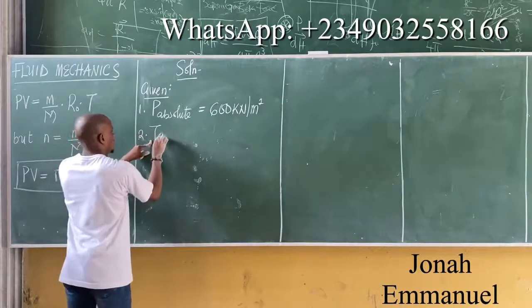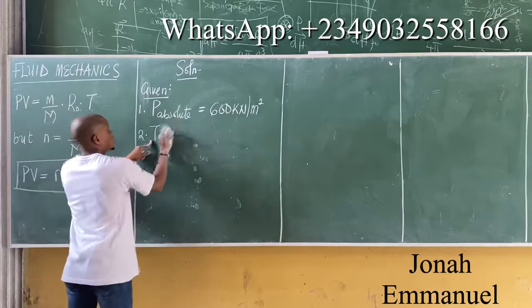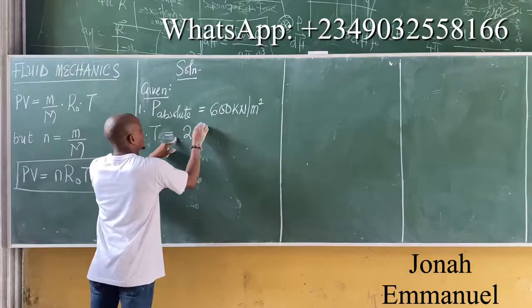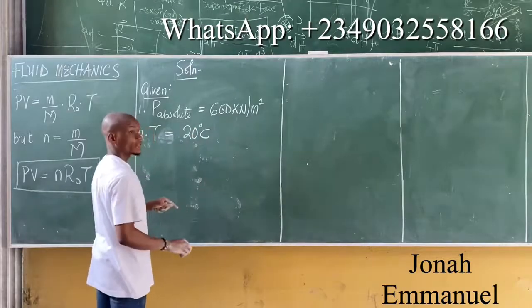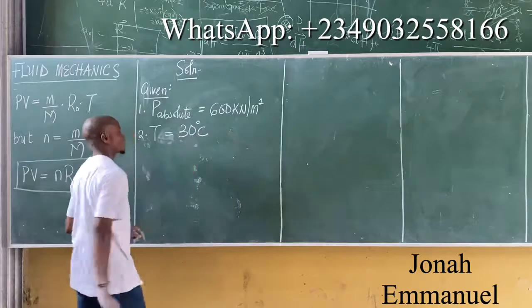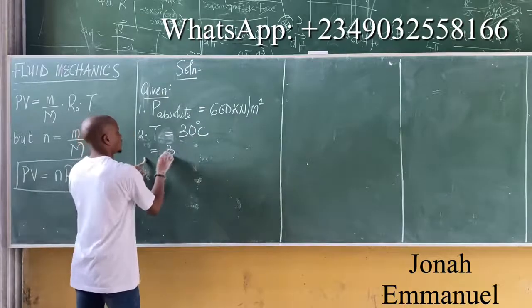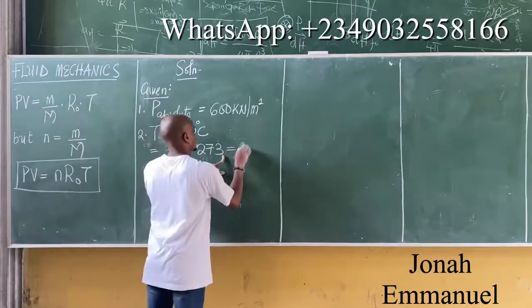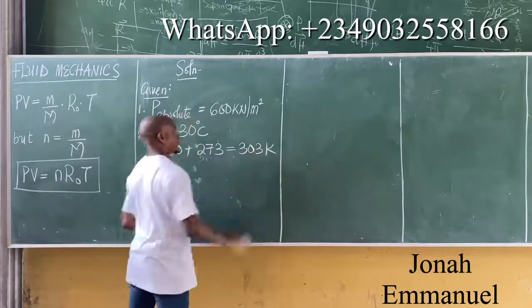Temperature T, 30 degrees Celsius. Please convert to Kelvin. That's equal to 30 plus 273, and that's equal to 303 Kelvin.